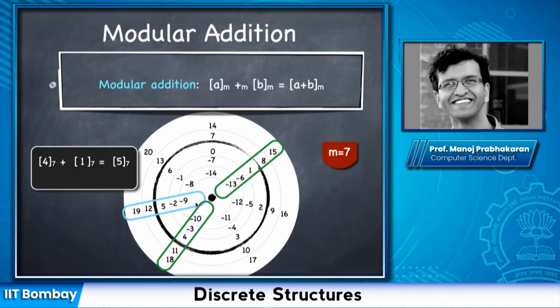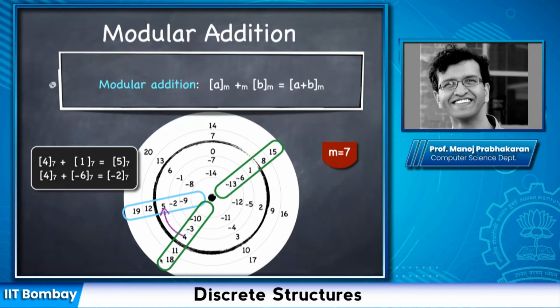That looks like I started from this congruence class and moved it 1 in the clockwise direction, and I ended up in the blue one. I could have done this differently. Instead of taking 1 as b here, I could have taken any one of them. So I could have taken -6, for instance.